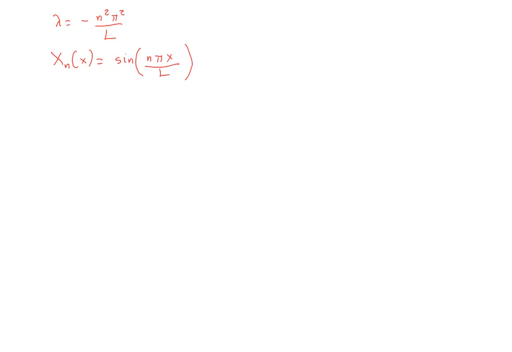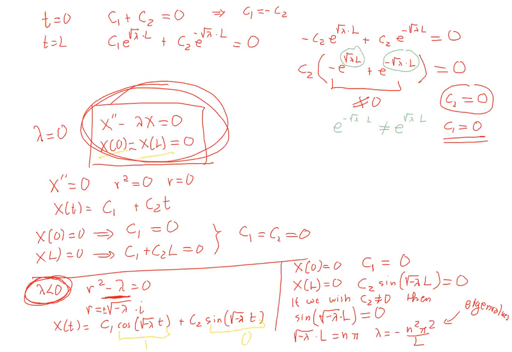Let's see how this works, because the solution supposedly was sine of square root of negative lambda times x. I'm sorry, there's a square here.